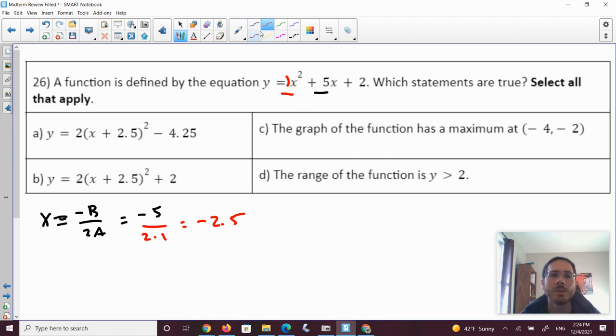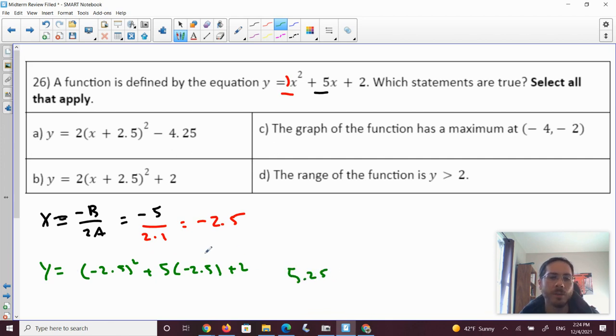All right, well, now we need to get the y value. So to do that, we're going to plug negative 2.5 into this. Negative 2.5 squared plus 5 times negative 2.5 plus 2. All right, so negative 2.5 squared, that's going to be 6.25. 5 times negative 2.5 is negative 12.5.